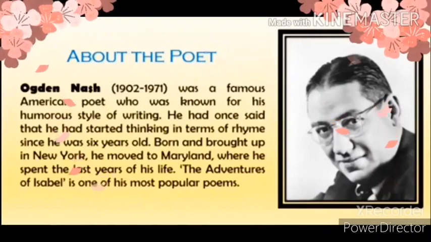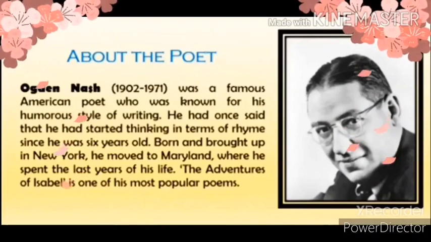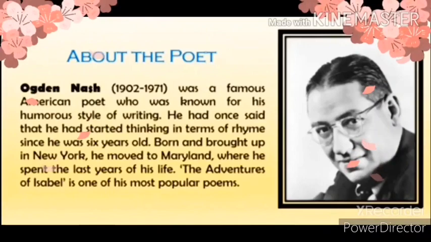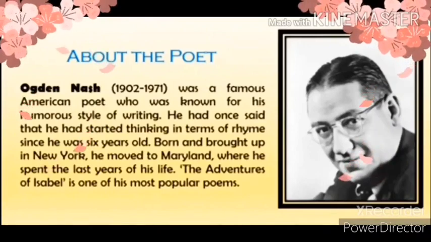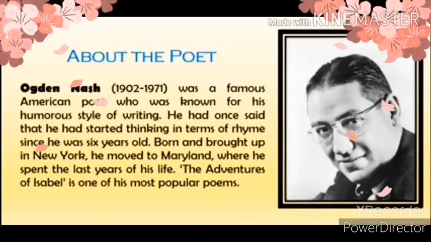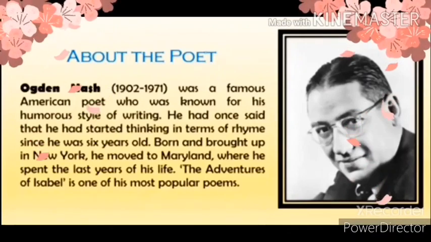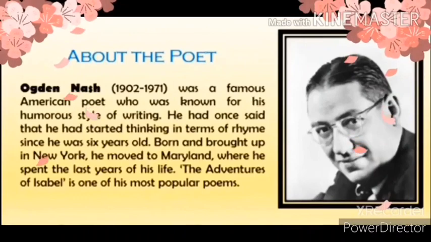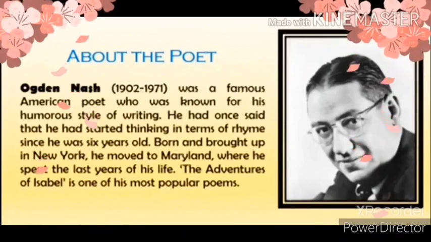He had once said that he had started thinking in terms of rhyme since he was 6 years old. Students, do you understand one thing? When he was 6 years old, he started thinking about writing poems. He was born and brought up in New York. Then he moved to Maryland, where he spent the last years of his life.